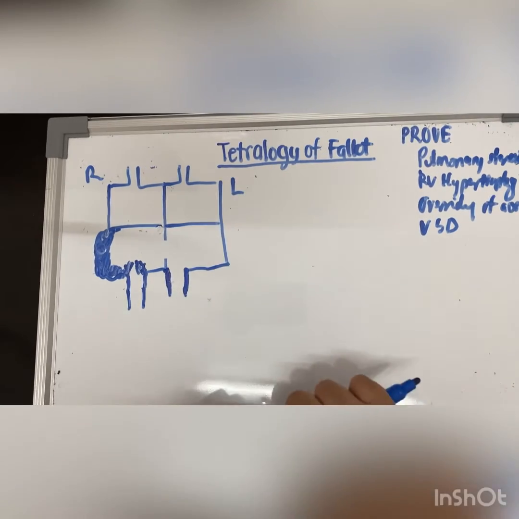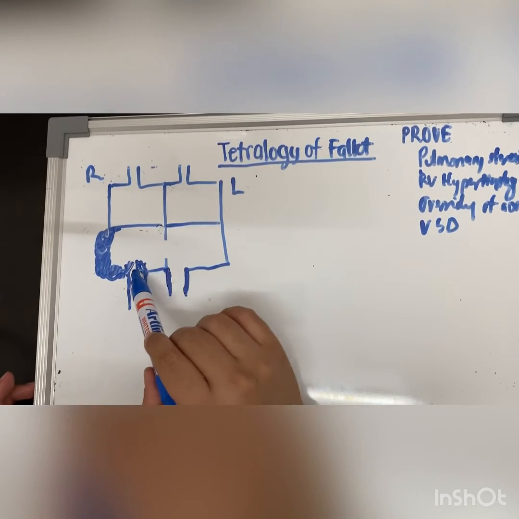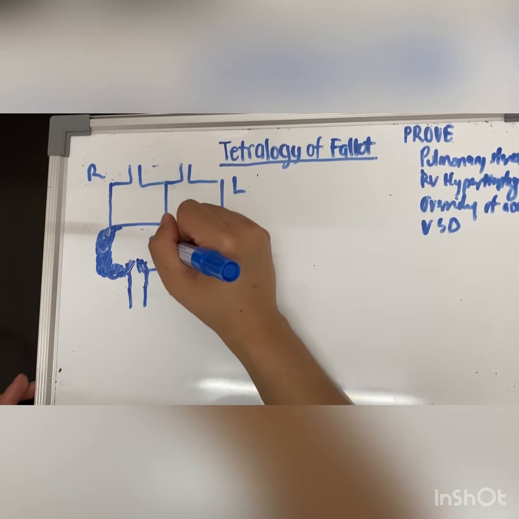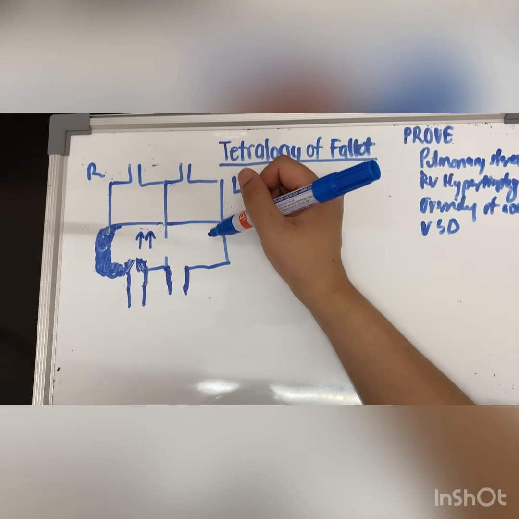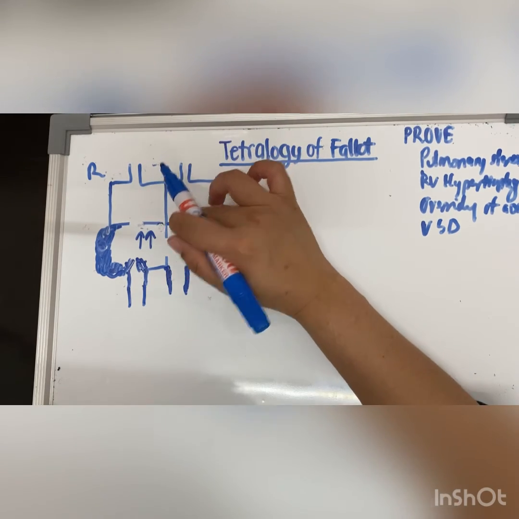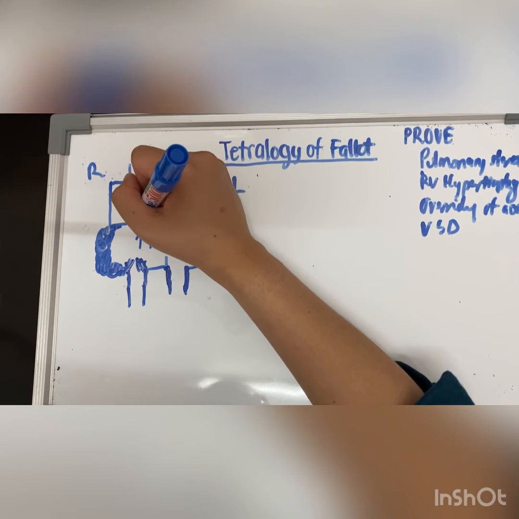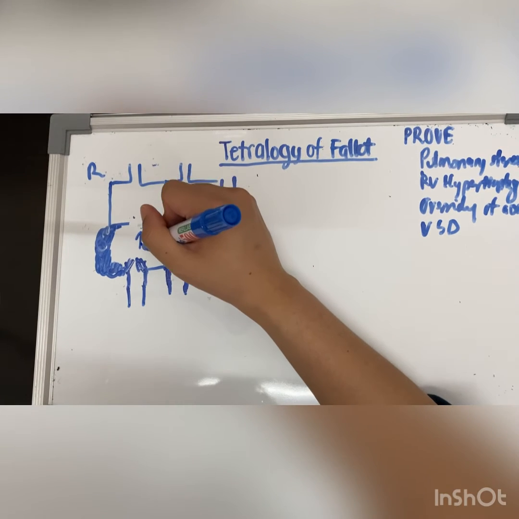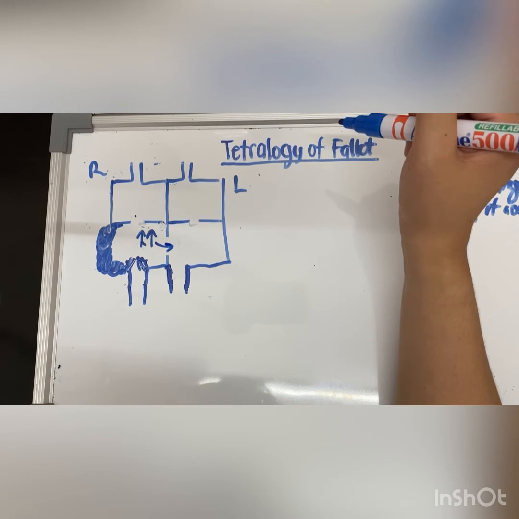Okay, when there is a higher pressure needed to overcome the obstruction at the pulmonary infundibular, so here is higher pressure as compared to the systemic pressure on the left ventricle. So the deoxygenated blood will flow to the right atrium into the right ventricle, and because of the higher pressure here, it will cause a shunt to the left ventricle.